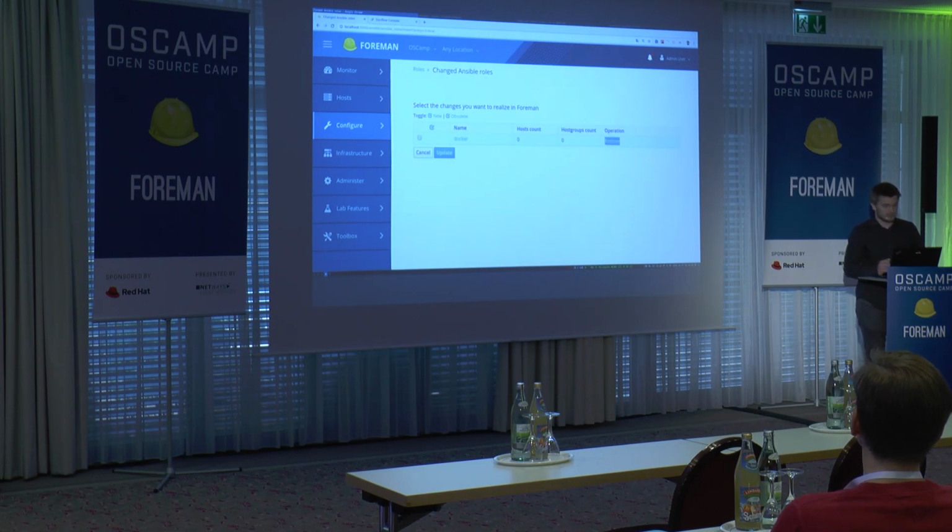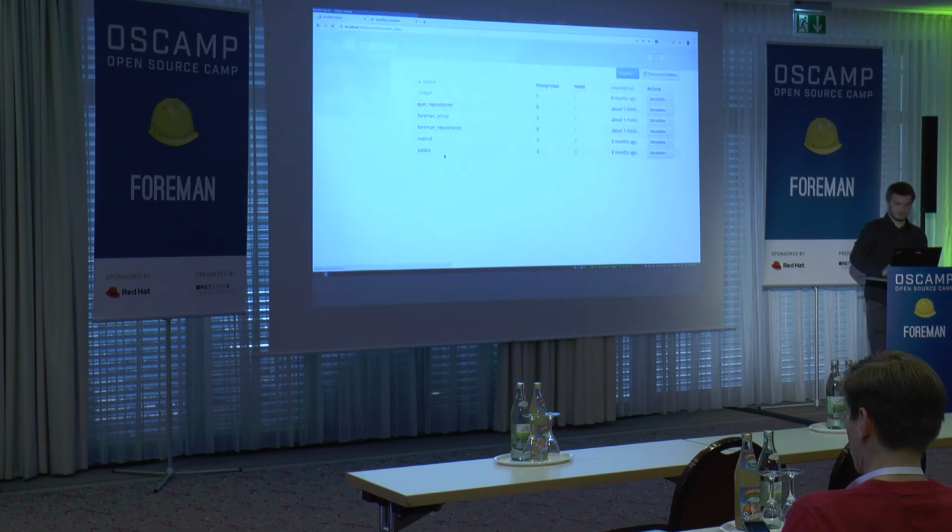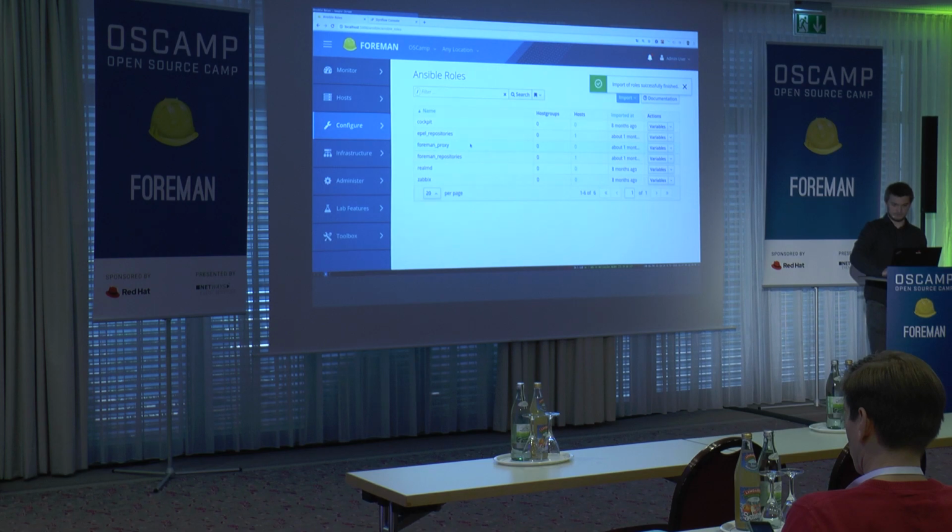So you are managing your roles on the Foreman proxy side, and you have to import them when they change. That's the only way you can do that, if you want to have them in sync.